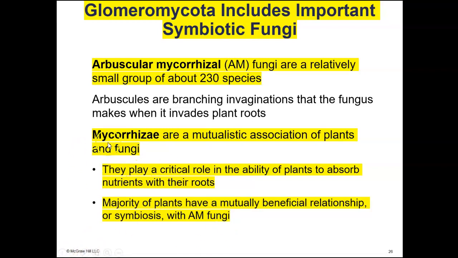They form mycorrhizae, which are a mutualistic association of plants and fungi. What that means is that the plant benefits and the fungus benefits from their association. They help plants to absorb more nutrients because they increase the surface area of their roots, and then the fungus gets food from the plant.